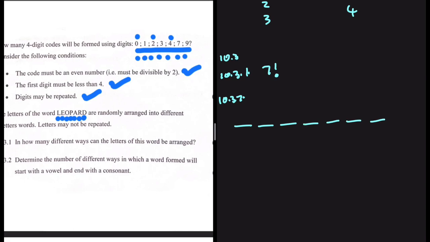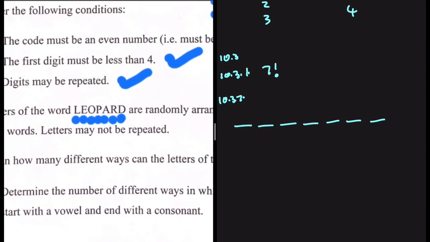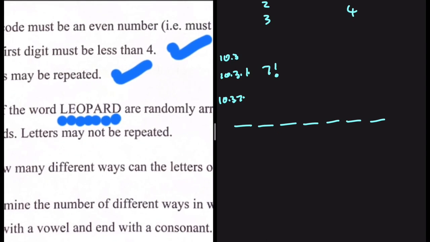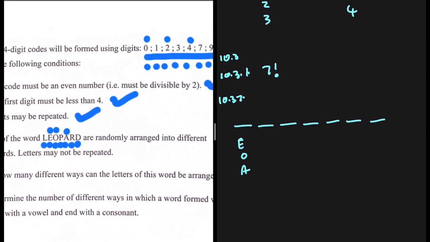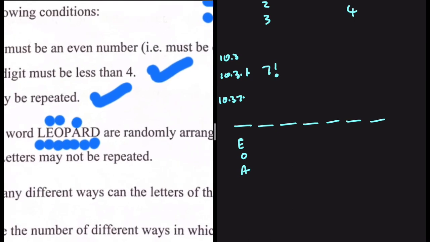We need to start with a vowel. How many vowels do we have in the word leopard? We have E, O, and A. And then the other condition is that it ends with a consonant. And our consonants here are L, P, R, D.